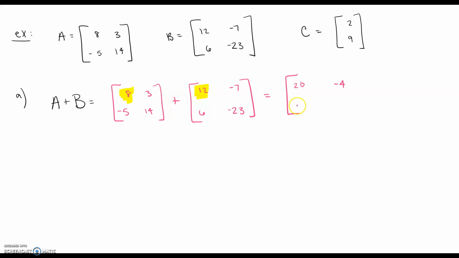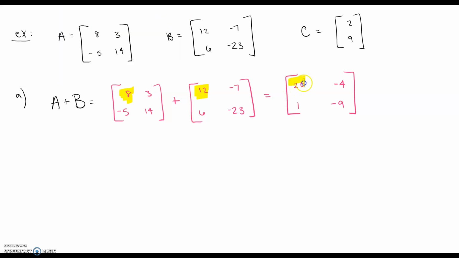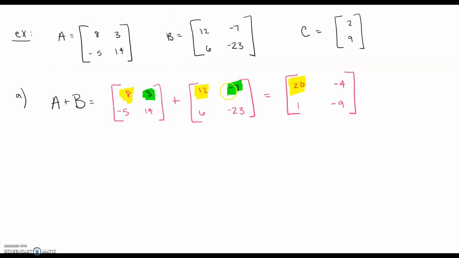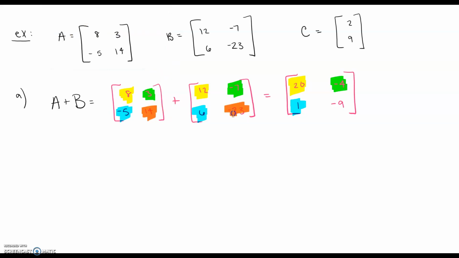Negative 5 plus 6 is 1. And 14 plus negative 23 is negative 9. So you're just finding the sum of each of those things. Hopefully that makes sense. And for subtracting, it's exactly the same.